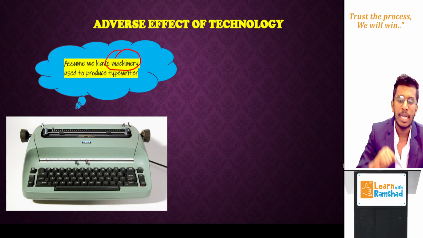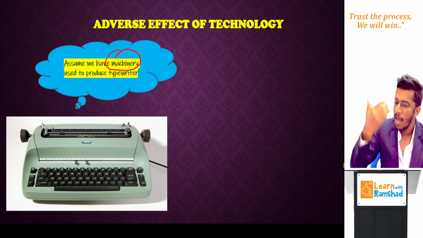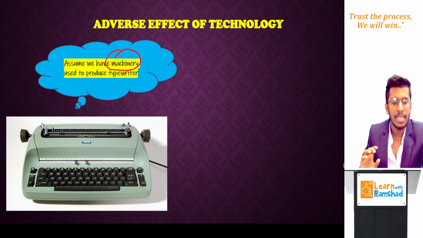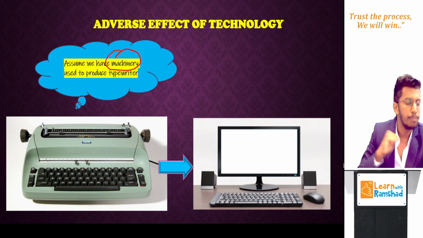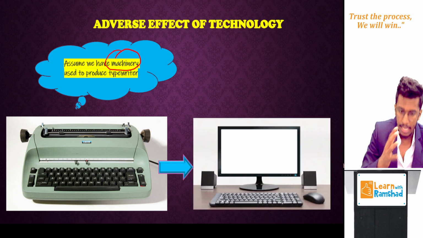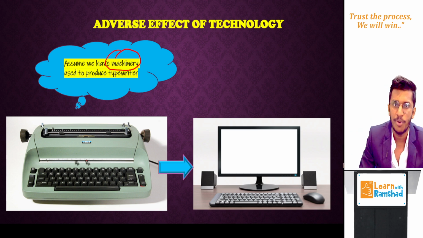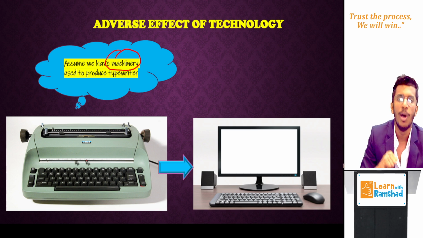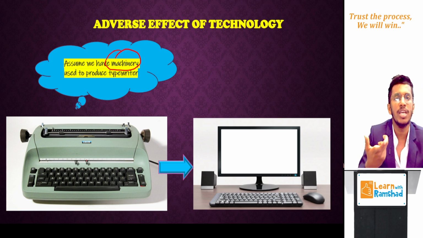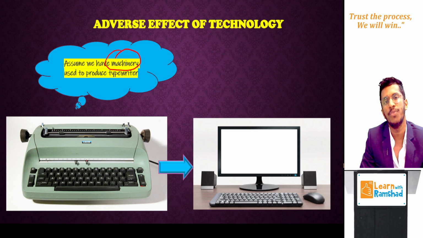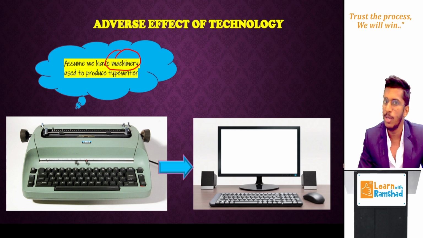And you know that this typewriter has been outdated from the market and the desktop computer has come to the market. Remember, once this technology changed, would anybody purchase that old machinery used for typewriters? No. That means the value of the machinery used for typewriter production will get reduced.